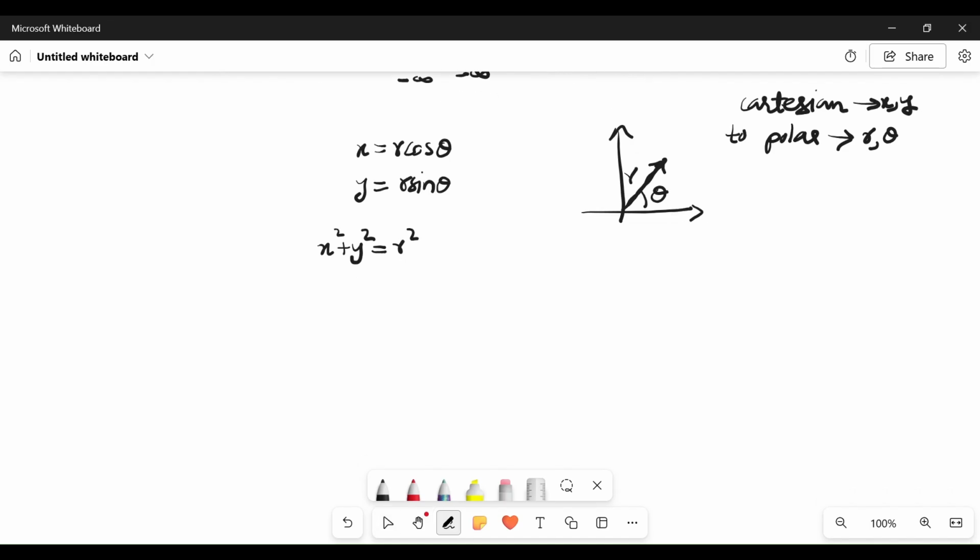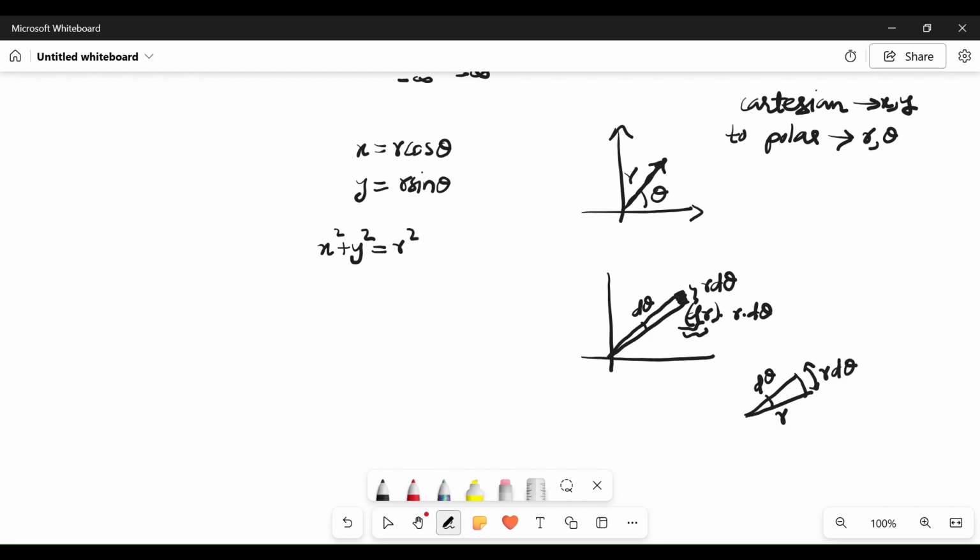And in this coordinate system, a small area is represented by dr into r d theta, where dr is this small element and r d theta is this element, where this is the d theta and this length is dr. You have to multiply this with dr, so you'll get this area.